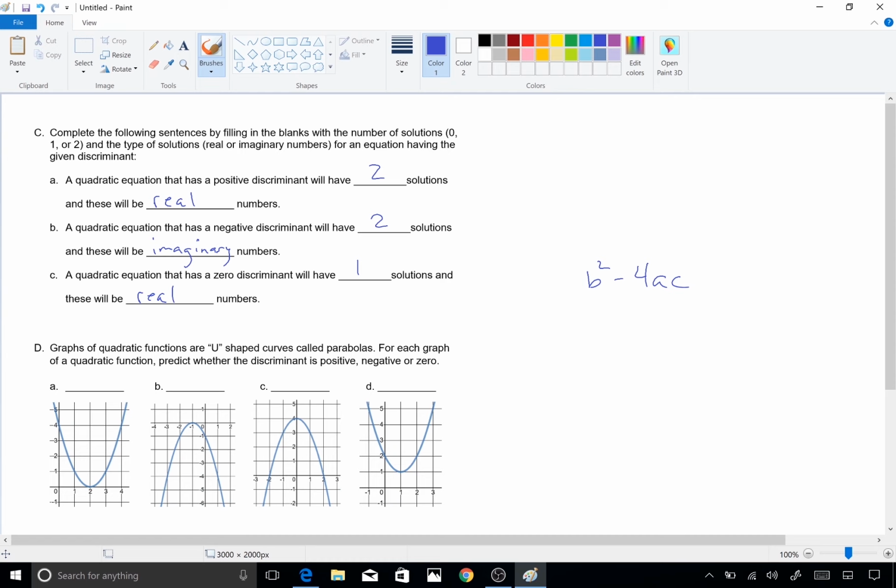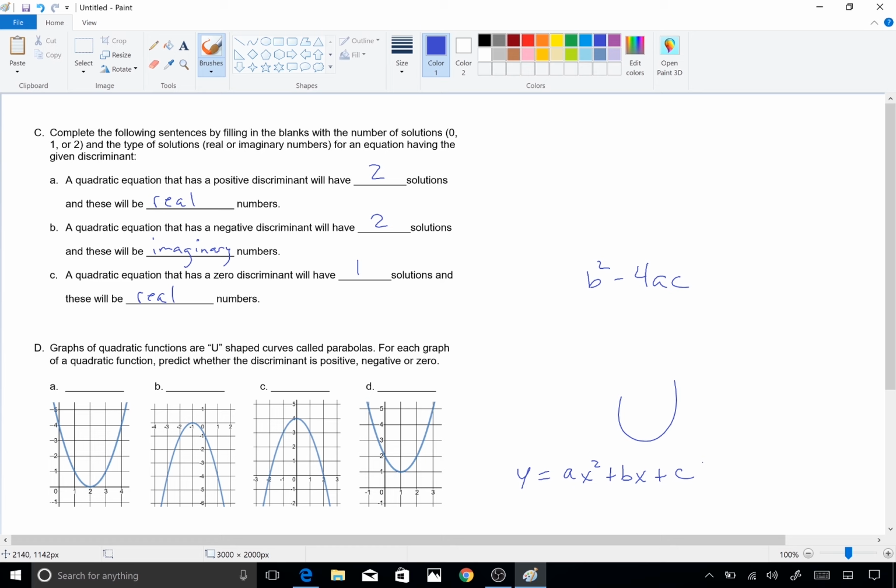The graph of a quadratic equation is always a parabola. It's always shaped like this. If you look at these graphs here, you can tell the sign of the discriminant by how often it crosses the x-axis. We're graphing the function y equals ax squared plus bx plus c.